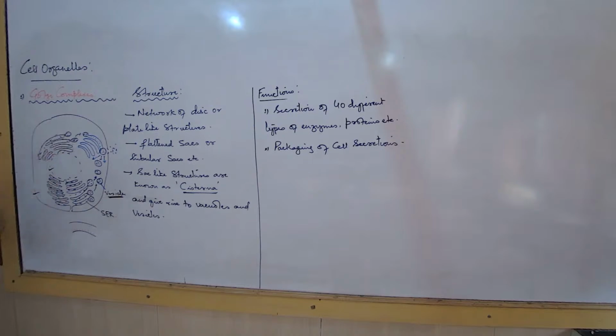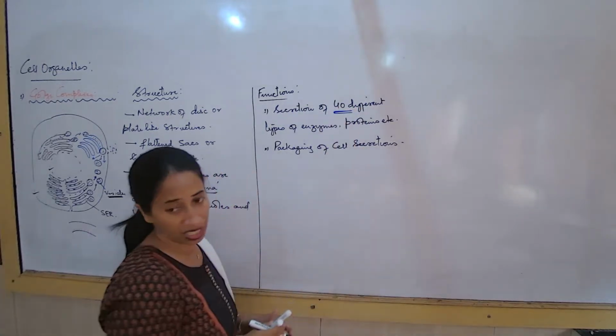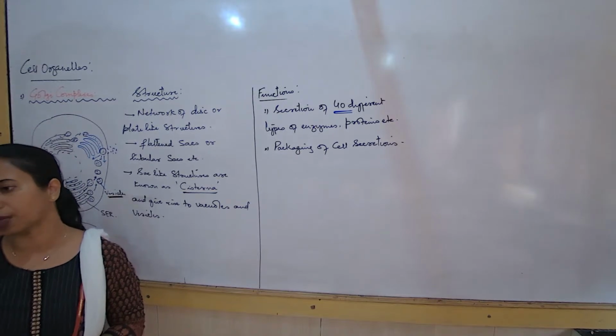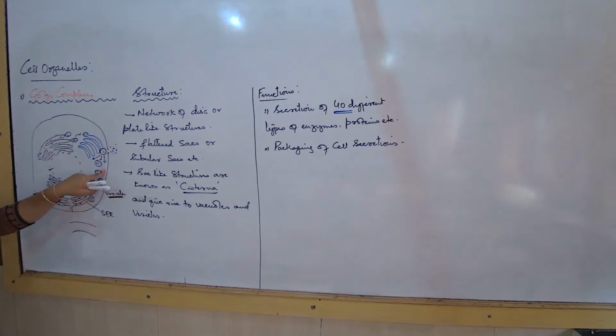We are already talking about how the Golgi can produce almost 40 different types of enzymes. That means Golgi can produce these types of vacuoles on its own and package them. Now the question is, what would be the job of this type of enzymes or substances?